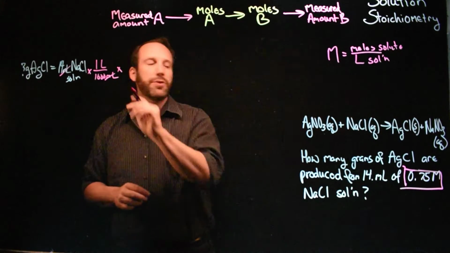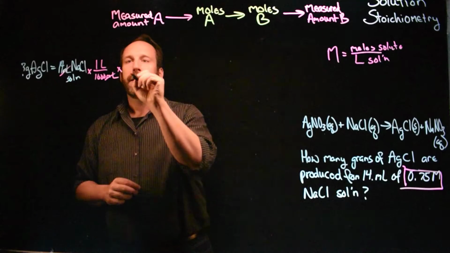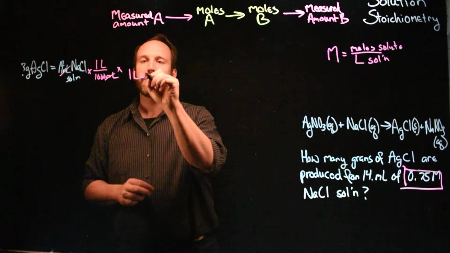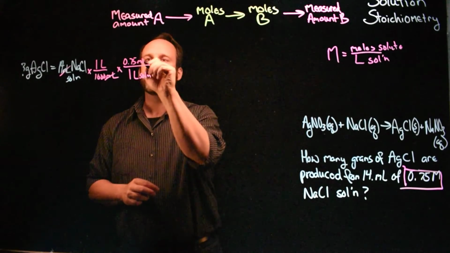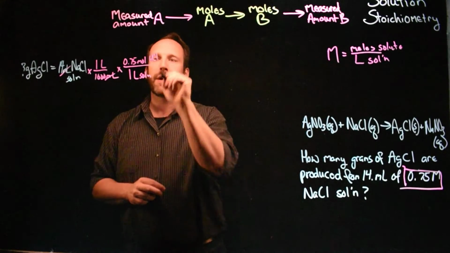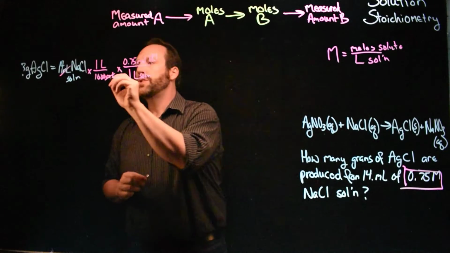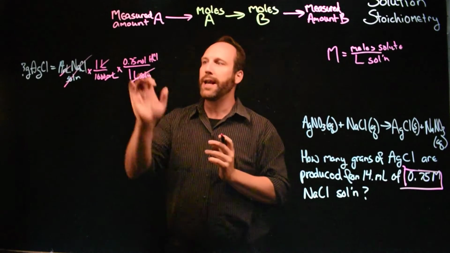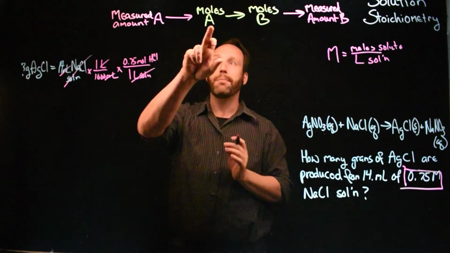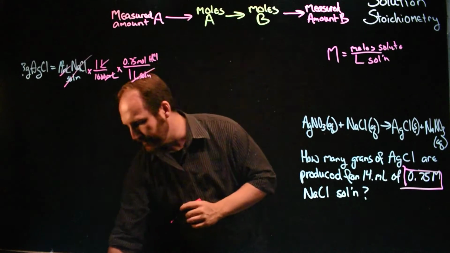And so now we can use molarity to say that in every 1 liter of solution, there are 0.75 moles of that HCl solute, right? So liters of solution and liters of solution cancel, and now we've got moles of A, moles of HCl. Okay.